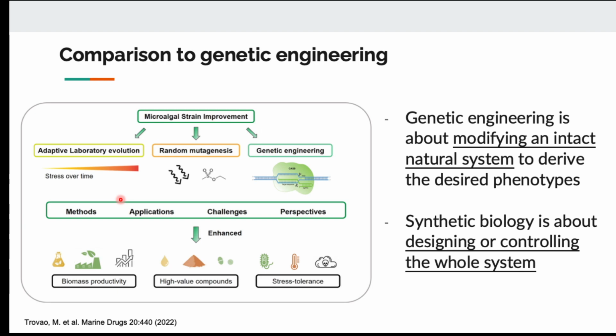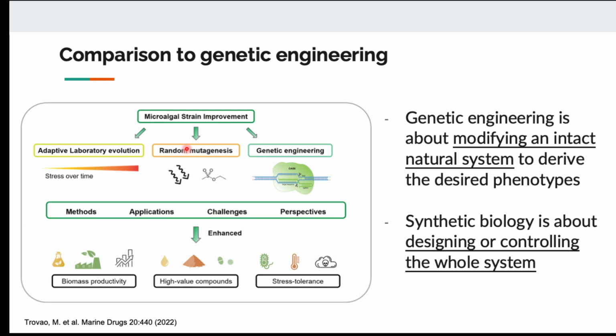You try to mutate them to find a new strain that is resistant to the drug, and you want to understand which gene or which mutation makes it resistant. So genetic engineering is usually only about modifying one part of an intact system. You mutate some genes, but you are not looking at the organism as a whole system.